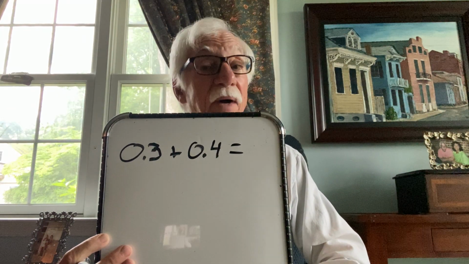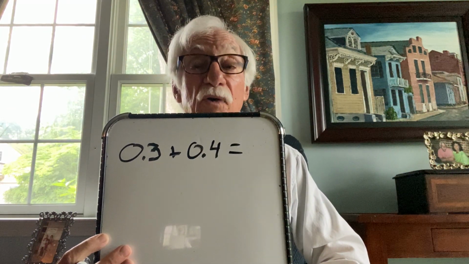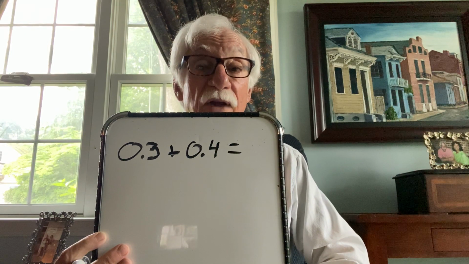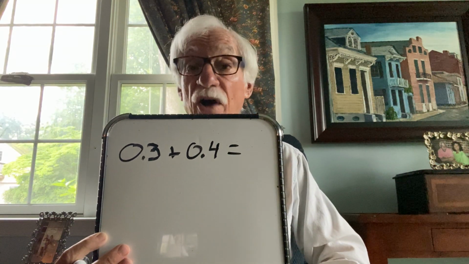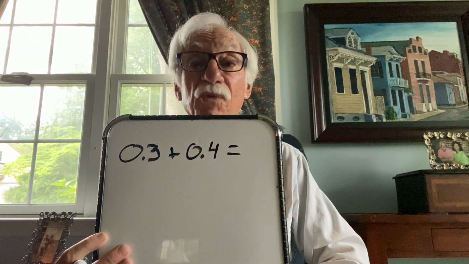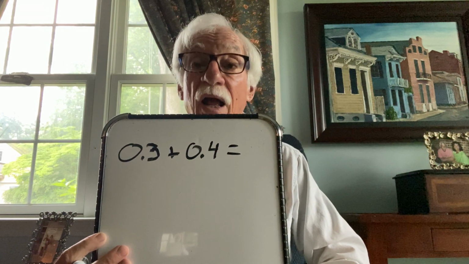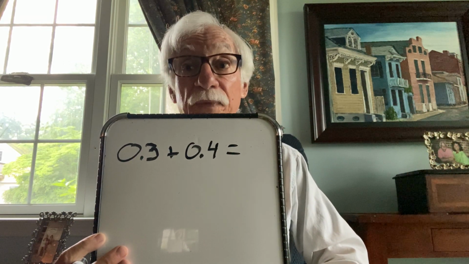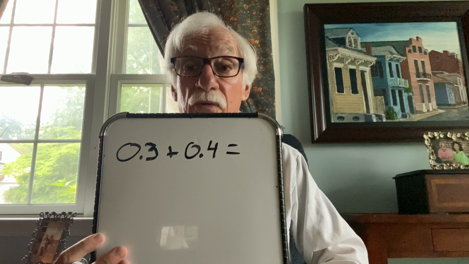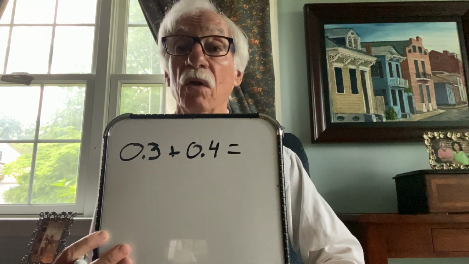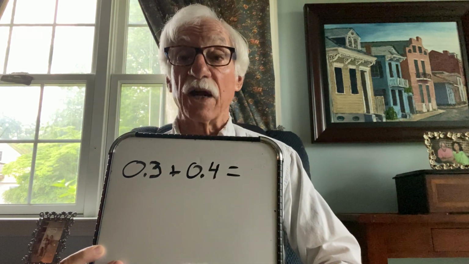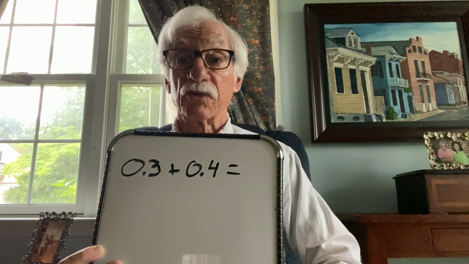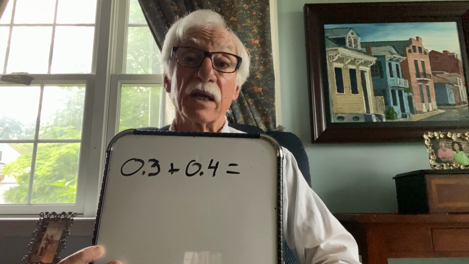You remember what I said about doing operations with decimal fractions? Don't try it horizontal. It's almost impossible to keep track of the place values unless you put it vertical. So first thing you do when you see a horizontal decimal fraction number sentence, you make it vertical.